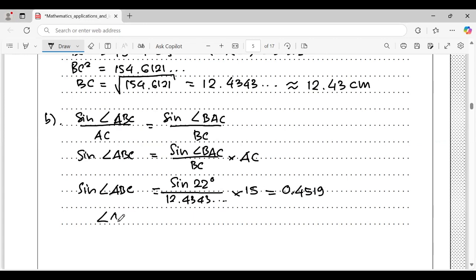So angle ABC equals arcsine 0.4519. The result is 26.8658, rounded off 26.9.